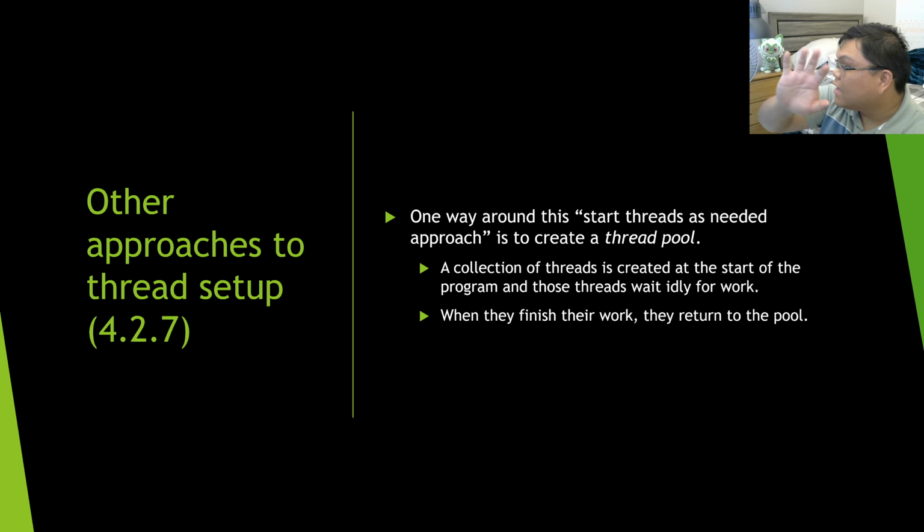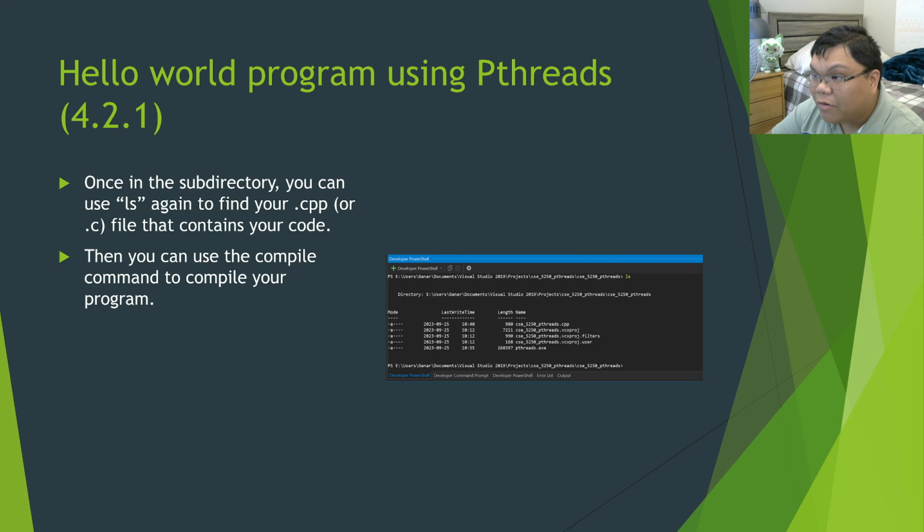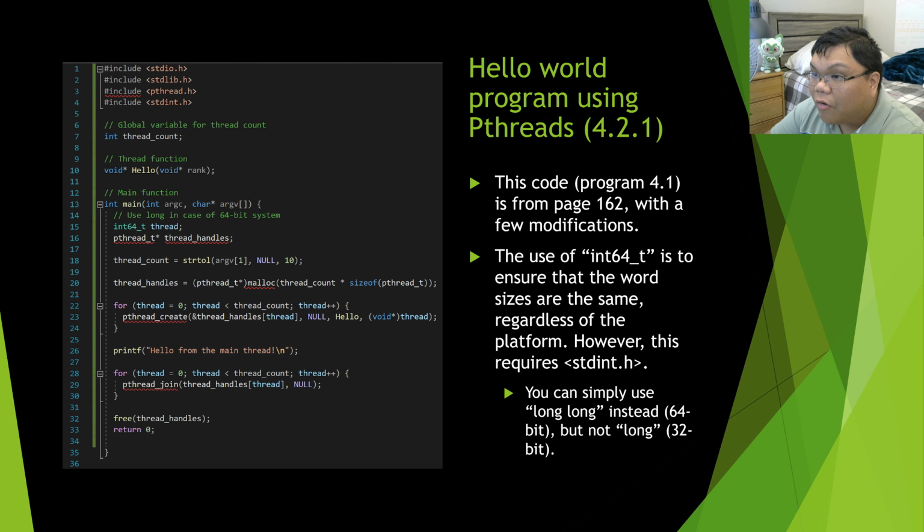Anyway, there is a section in the textbook that talks about how we can set up a thread pool, but that's gonna be a ways away from now. But for now, what I want you to do is try out this Hello World program using pthreads. If you can't get it to work on your computer, then try it on a Unix system.